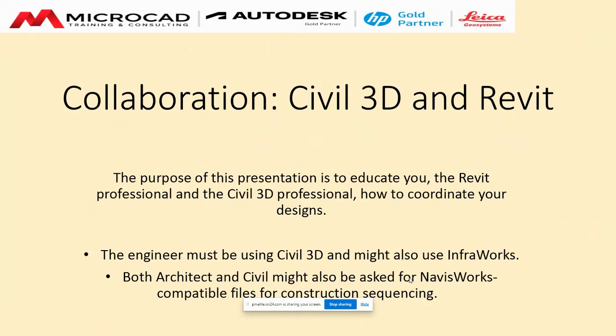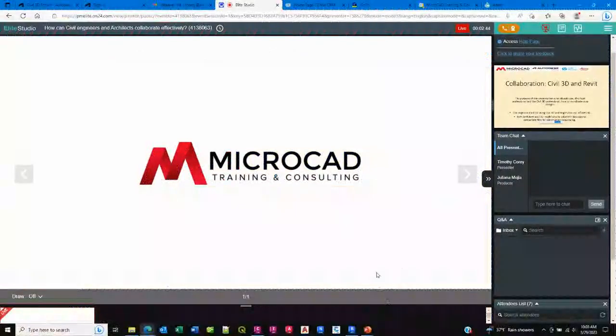And that will conglomerate design data from Civil 3D along with design data from Revit to make a single model which you can create animations of, etc. And I'll show you some of that.